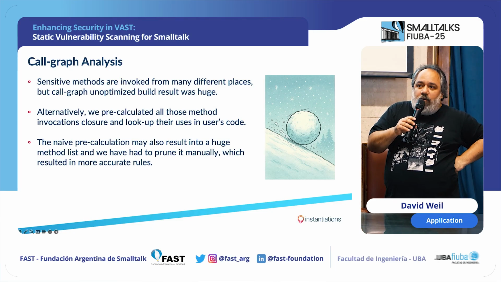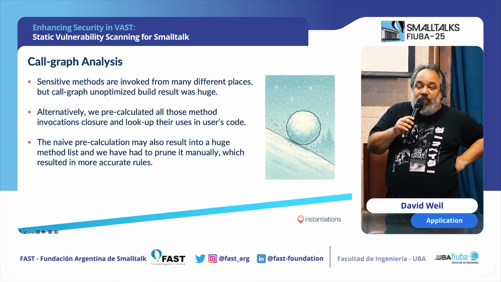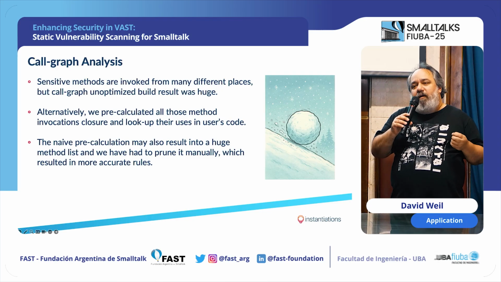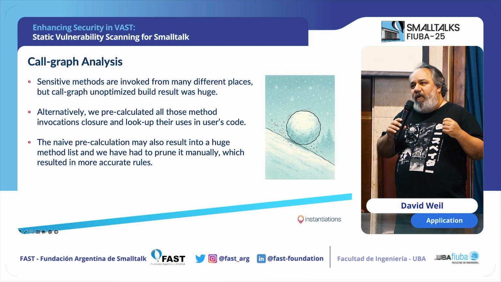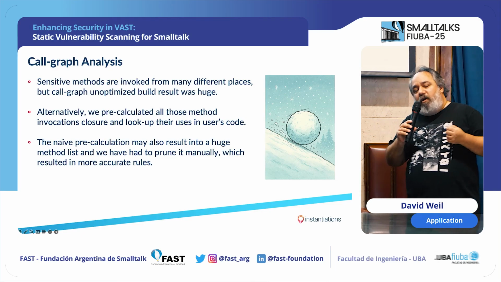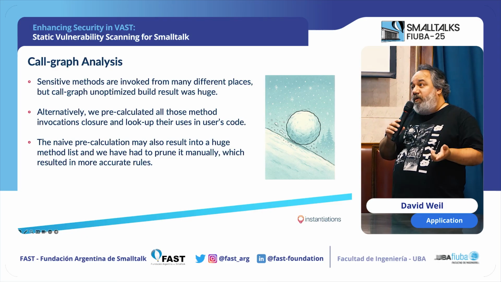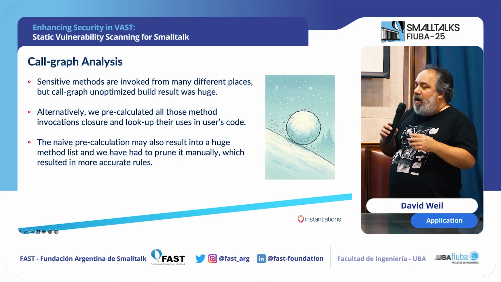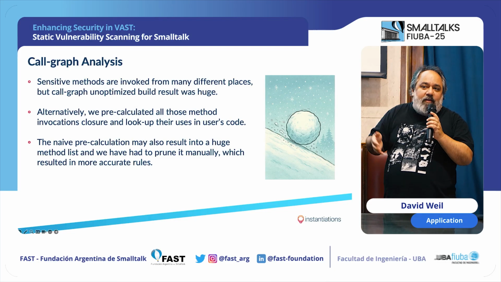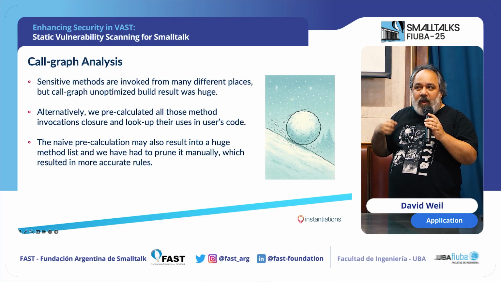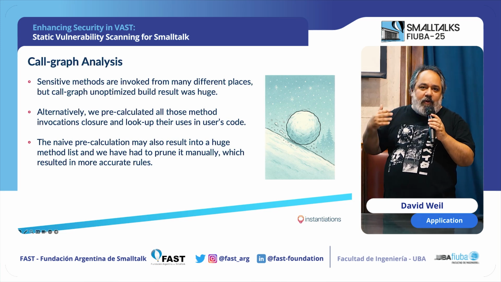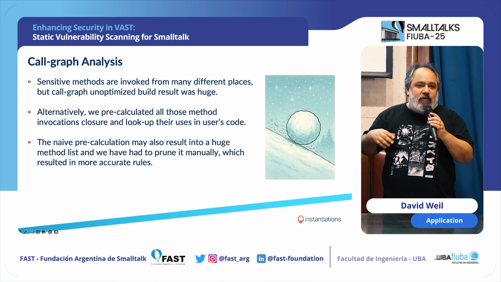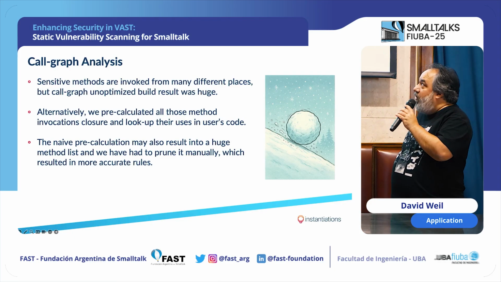So we had to manually trim the graph by detecting which cases were impossible. There are many cases, but for example, functions without arguments could not be abused by the user, so those functions were discarded from the list. Applying this manual process many times, we were able to restrict the list of sensitive functions to something manageable.